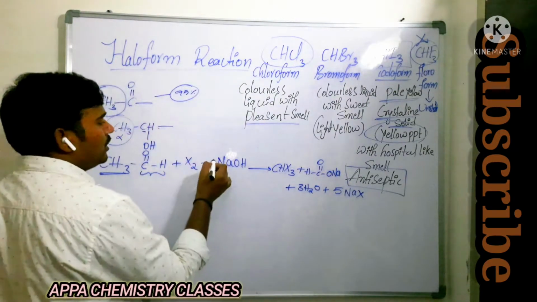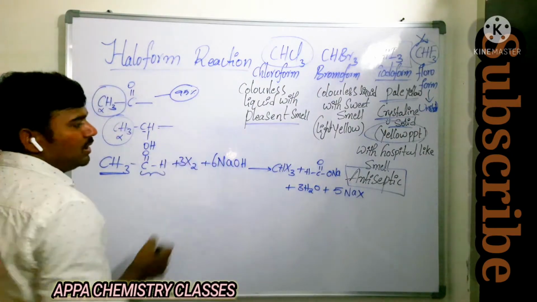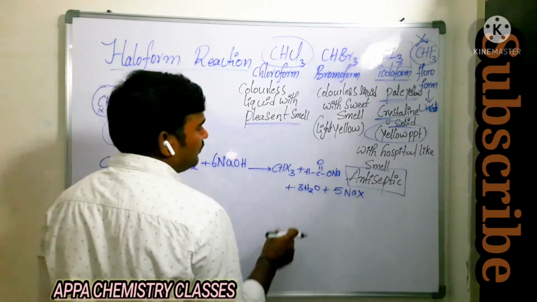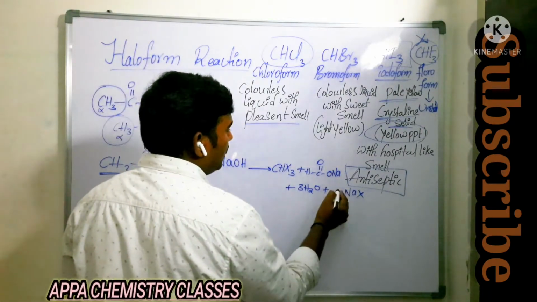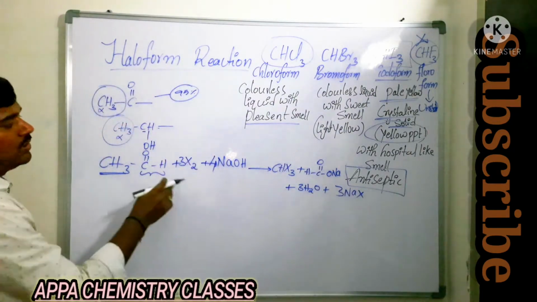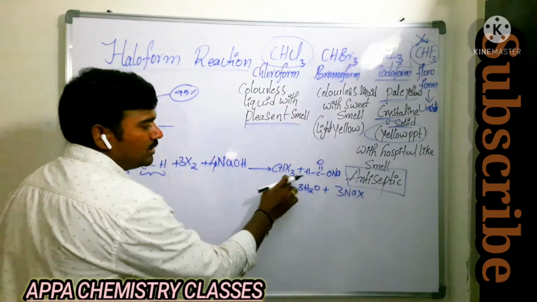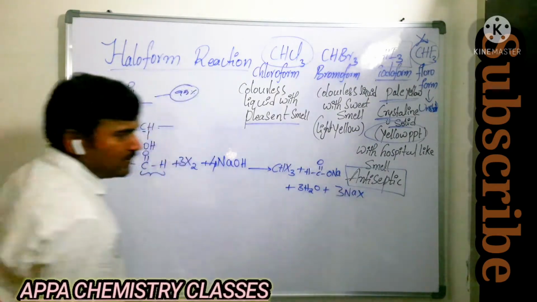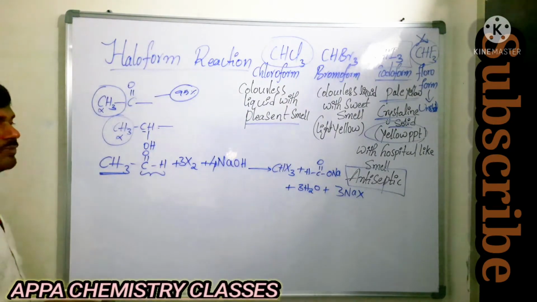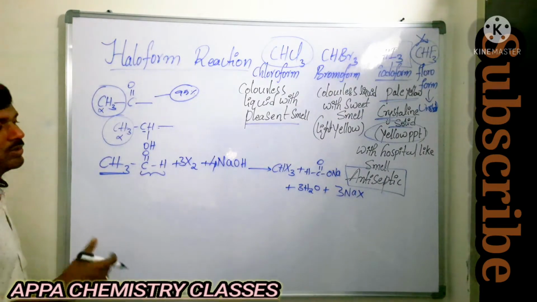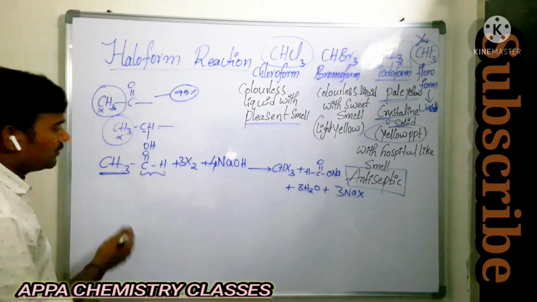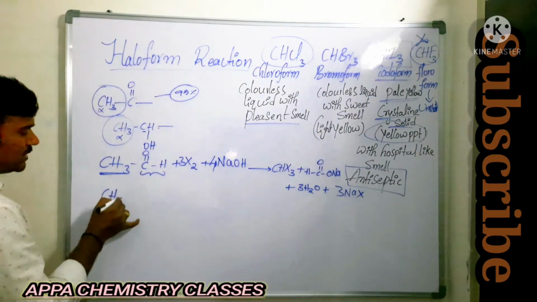Sorry, you have to take 4 moles of NaOH and 3 moles of halogen, and then we get 3 moles of water and 3 moles of sodium halide. In detail, in the mechanism we will see how the 3 moles of water and 3 moles of sodium halide are eliminated from the reaction. We will take the simple example of acetaldehyde.